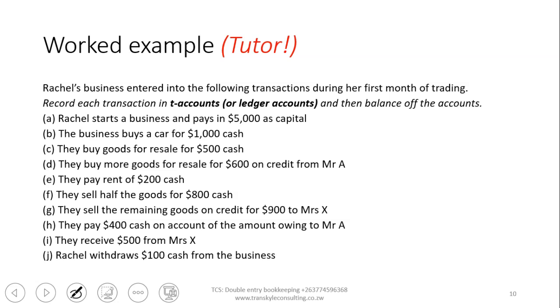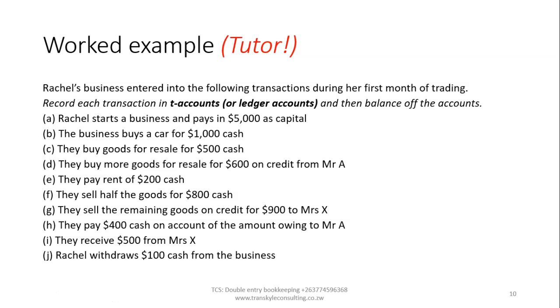Remember that every transaction in which a business enters into has two effects, as we have already pointed out. So we need to come up with the ledger accounts which are applicable in each case.